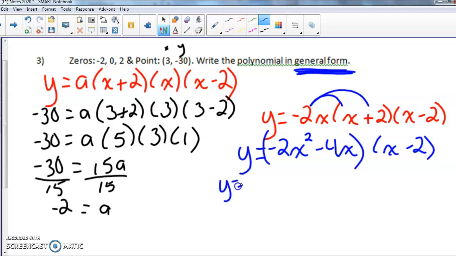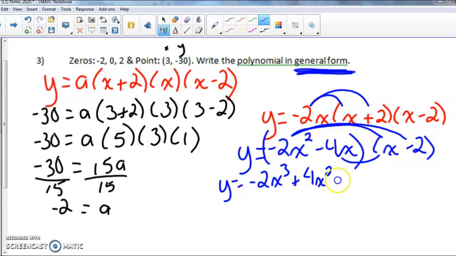So that gives me negative 2x to the third, a positive 4x squared, a negative 4x squared, and a negative 8. Okay?